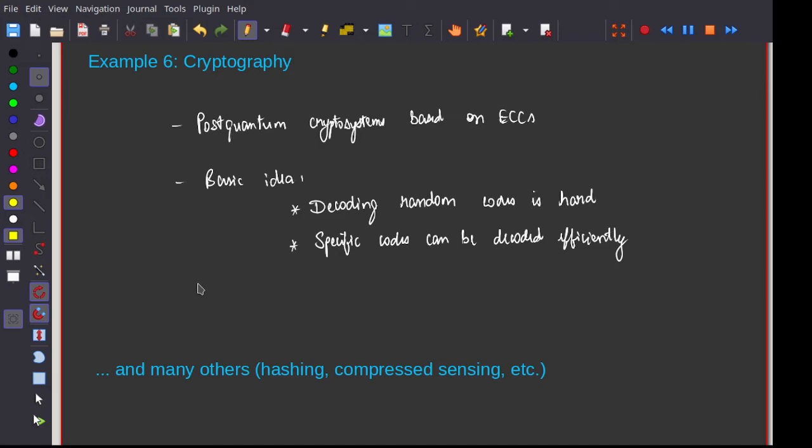So these are all based on reductions to hard mathematical problems. One hard mathematical problem based on which crypto systems are designed is integer factorization. If I give you a very large number, how easy is it to factorize it as a product of primes? It turns out that this is a hard problem.